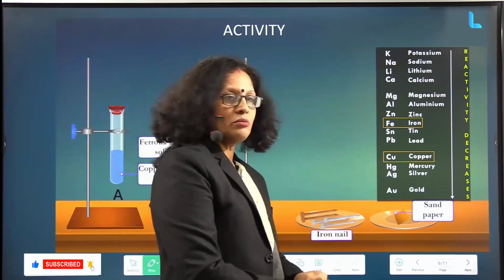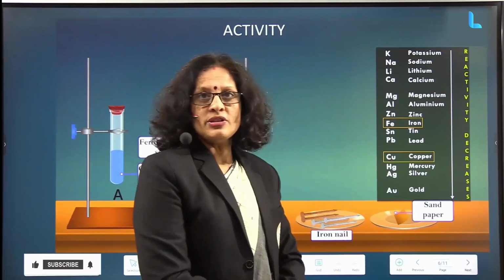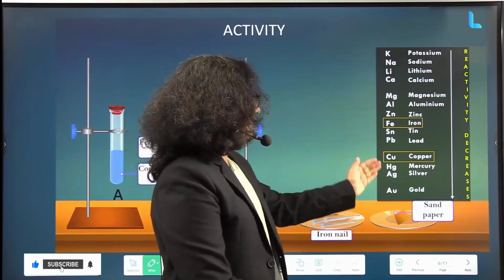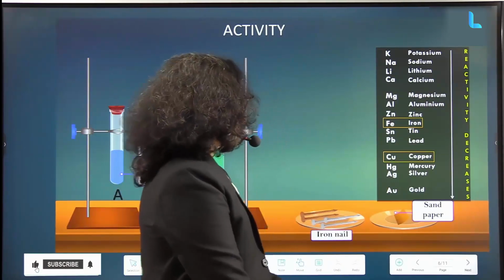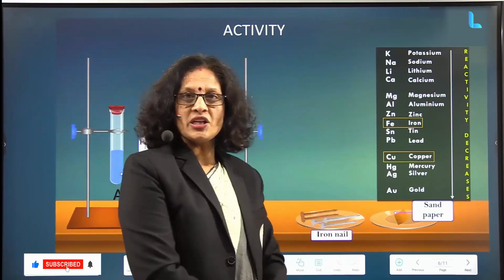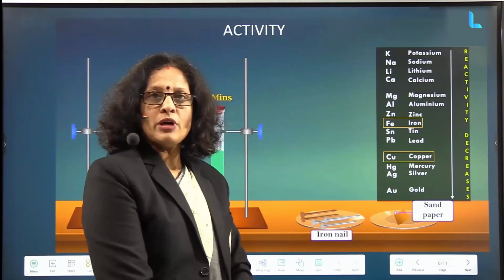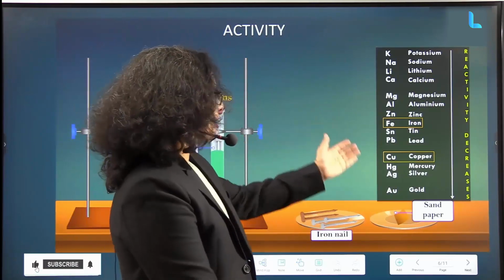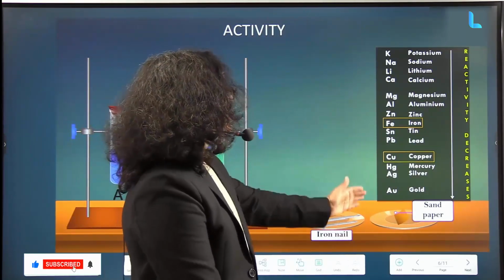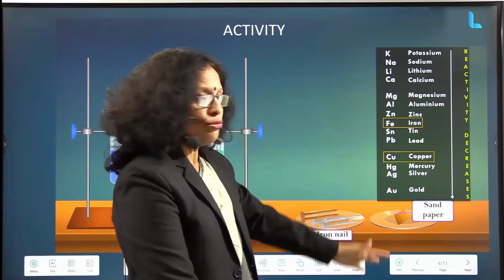Then copper, mercury, silver and gold are the least reactive. Elements below hydrogen are less reactive, and those above hydrogen are more reactive according to the reactivity series. It decreases this way, from most reactive to least reactive.